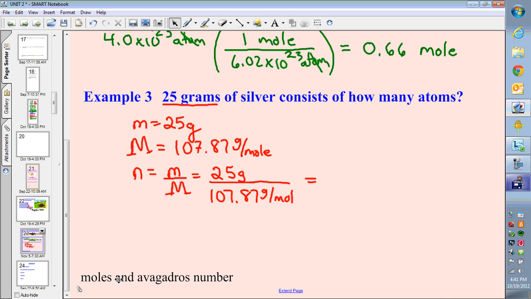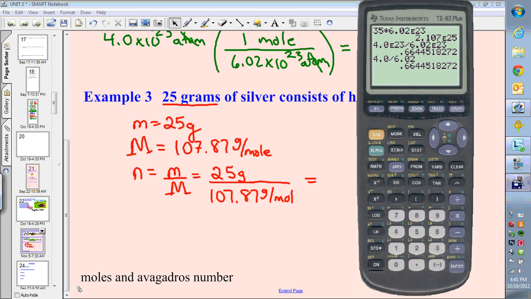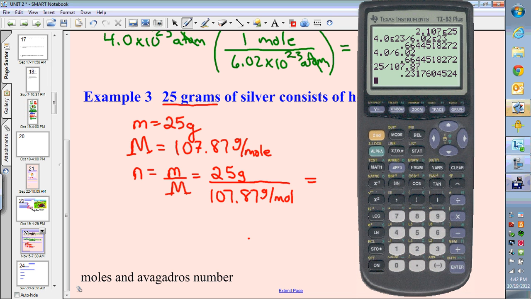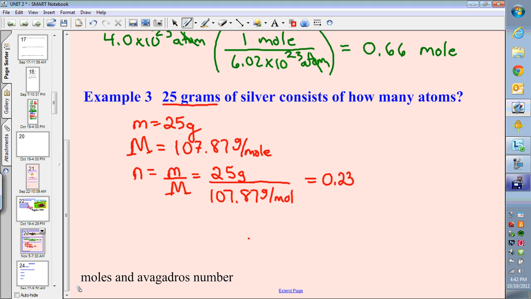So bring up the calculator, and you get 25 divided by 107.87 will give us 0.23. So 0.23. That's a number of moles that we have.